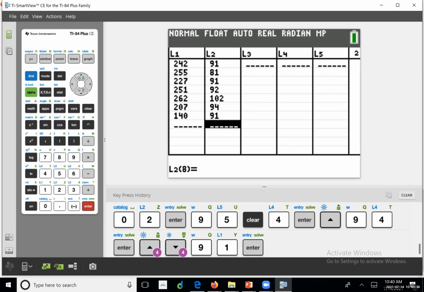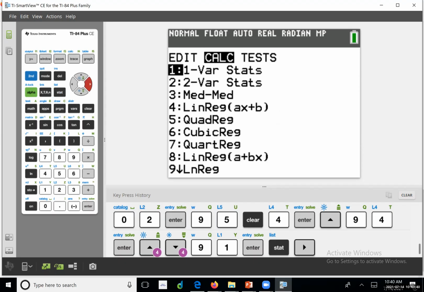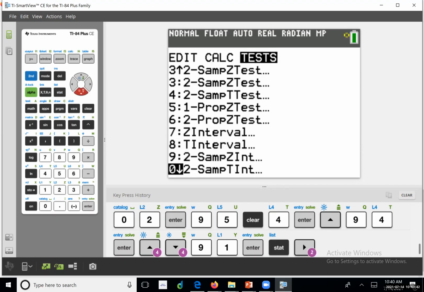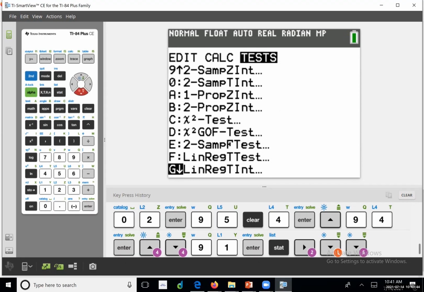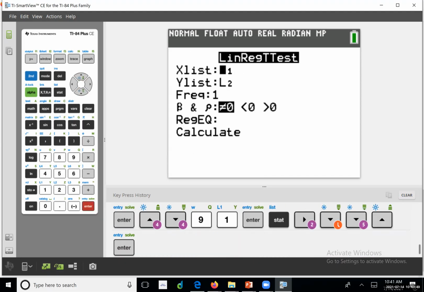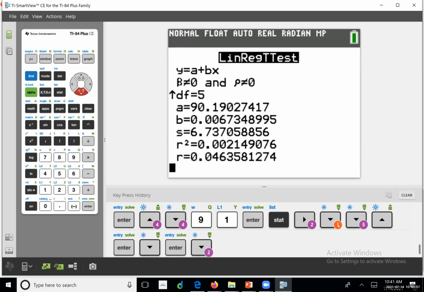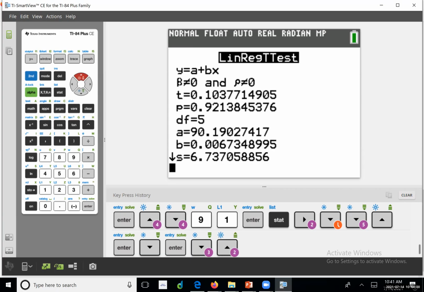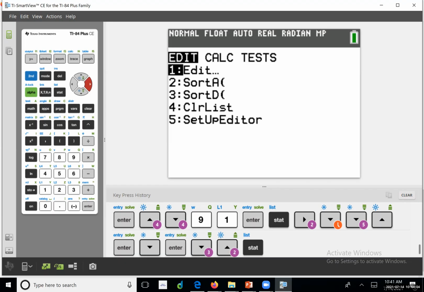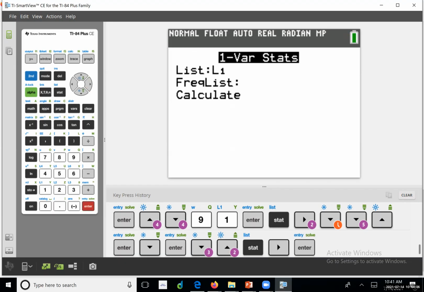Okay, so if you go to stat and you go to test and you go to line regression t-test, you would see that there is no correlation because the p-value is very large. So if the p-value is very large, then you don't use the line to predict. You go to stat, you go to calc, and you find the average of y, not average of x.